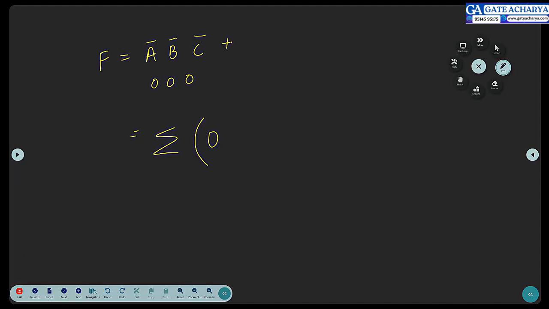A bar, B, C bar. What is the meaning of this? 0, what is the next term? A, B, C bar. 1, 1. A, B bar, C.